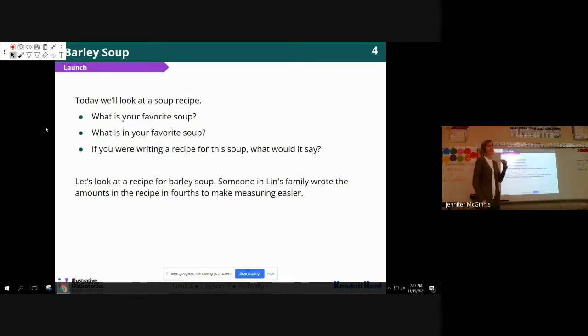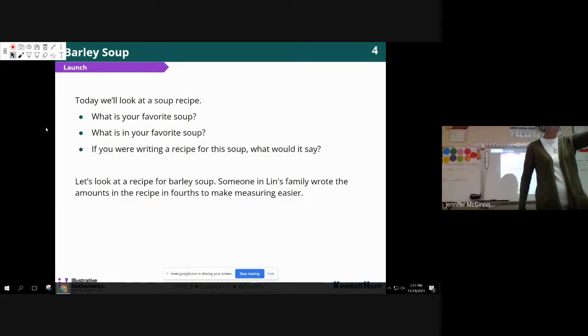What is in your favorite soup? We've been on this ingredient kick lately, haven't we? Yesterday we talked about the banana bread. Today, obviously, we're talking about soup. Give me one ingredient from your favorite soup. Tomatoes. Potatoes. Egg. In soup? I don't think there's eggs in soup.